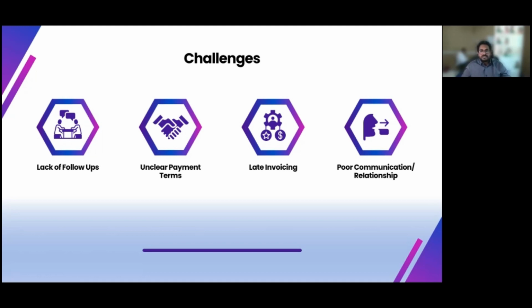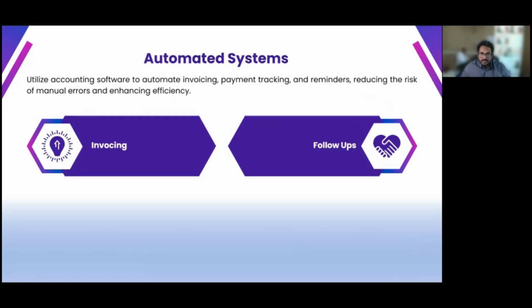Now, as we have seen the challenges, let's see how we can overcome some of them. Two of these challenges, invoicing, which is prompt invoicing, and follow-ups, can be automated. Nowadays, if you choose any software in the market, it doesn't have to be Tally, it doesn't have to be a big branded ERP. Any software has an option to do automated follow-ups as well as automated invoicing.